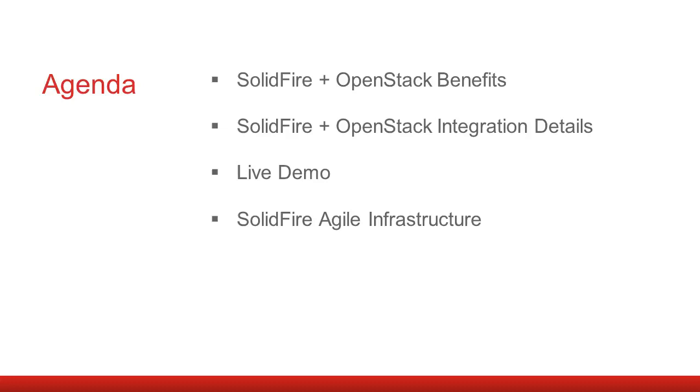And to prove some of that, we're going to do a live demo, so there's always a chance things could go horribly wrong. We'll see. And then lastly, for those that really want turnkey OpenStack, we have a product and a reference architecture called SolidFire Agile Infrastructure, and we're going to talk about that at the end.